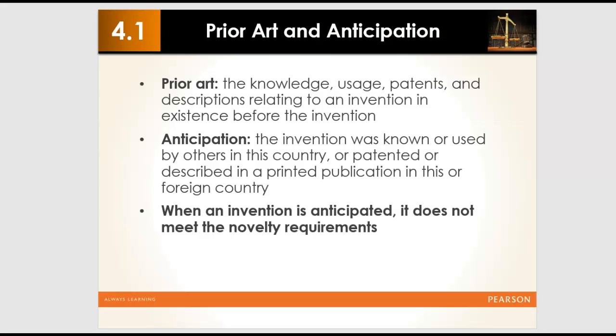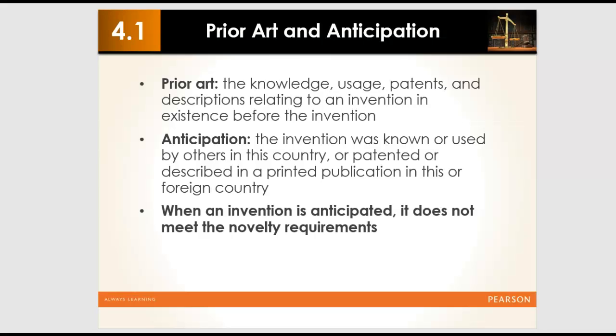And when we have anticipation of an invention, when there's prior art colliding, the examiner will say that the patent cannot be granted because the patent will not meet the novelty requirement. Okay, so very important.